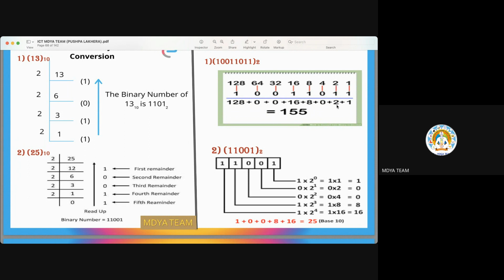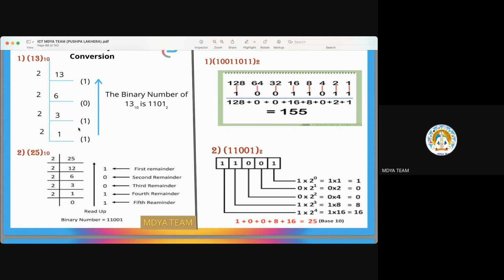Again it is addition, 2 raised to 2, that is 4. It is multiplied by 0. That means 0. Plus again 2 raised to 3, that is 8. So 8 multiplied by 1 is 8. So plus 8, and so forth. So you have to add all these numbers and you will get the result.